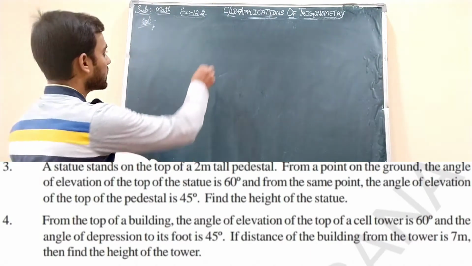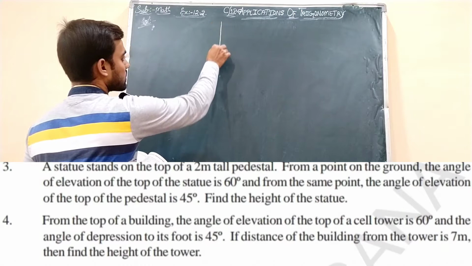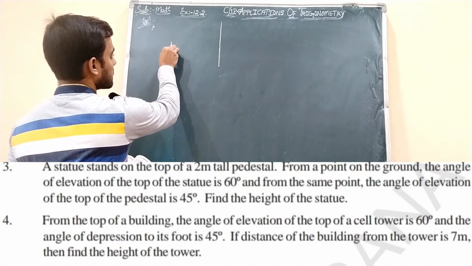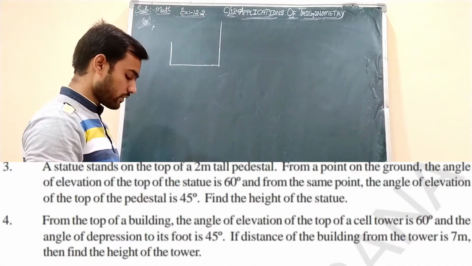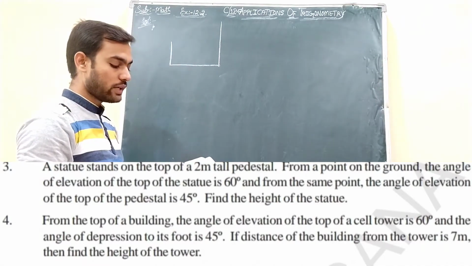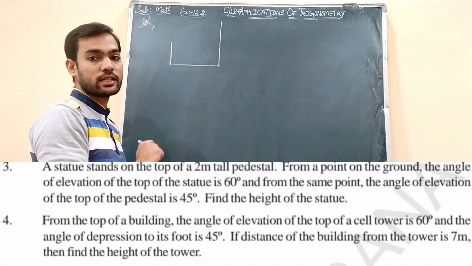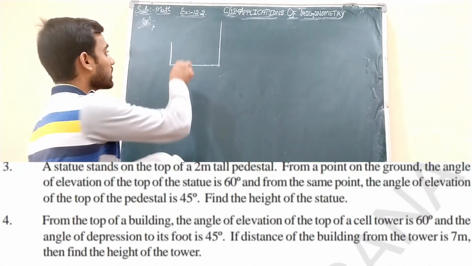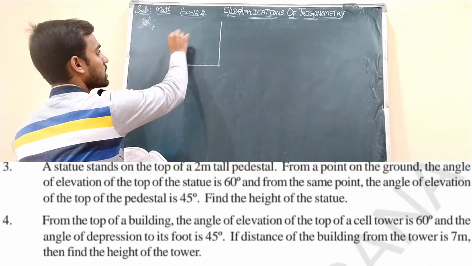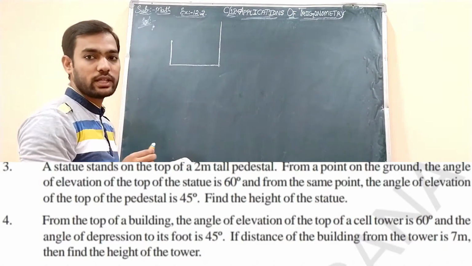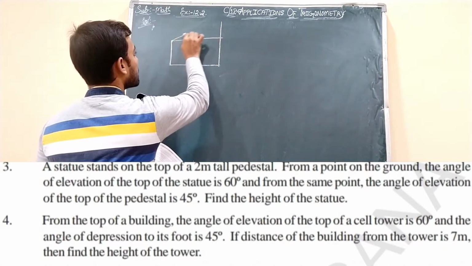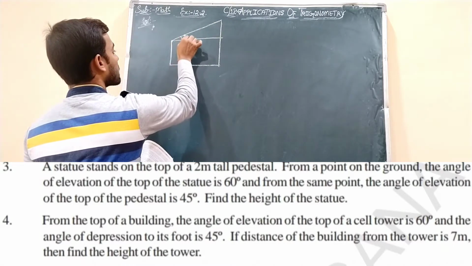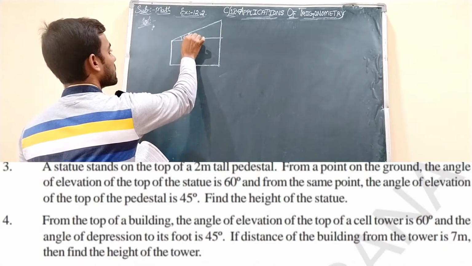Okay, so let us draw that. Say this is tower and this is building. Okay, this is ground. He said that from the top of a building, the angle of elevation of the top of a cell tower is 60 degree. So when you have to take from here the angle of elevation to the top of the cell tower, firstly we need the horizontal, right? So let us draw the horizontal first. Then this angle is 60 degrees, students.